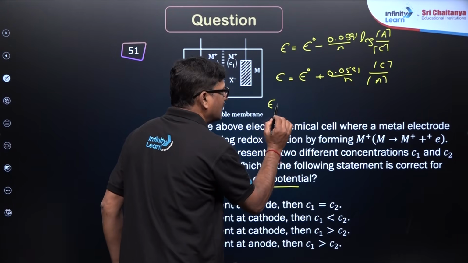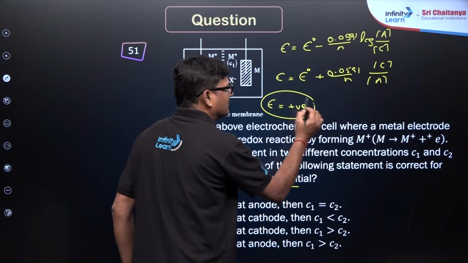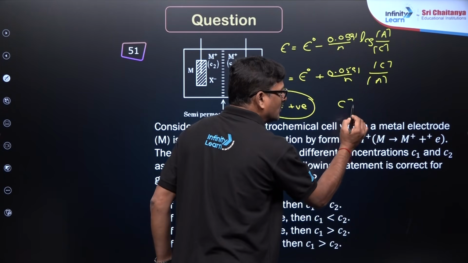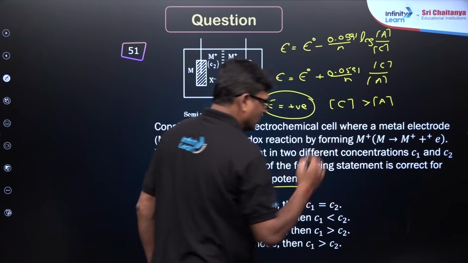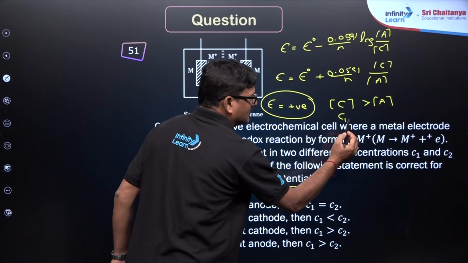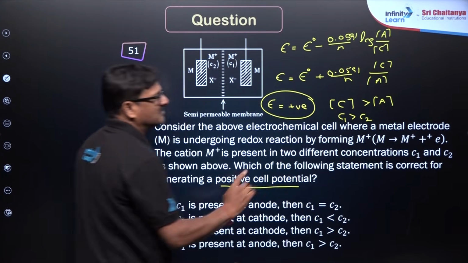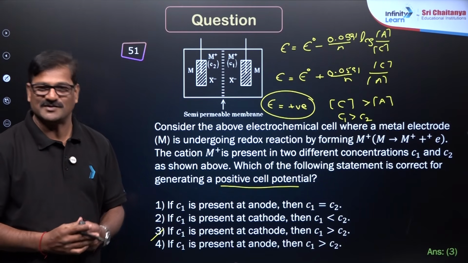If we want the cell EMF to be positive, that is possible only when the concentration of the cathode is greater than the concentration of the anode. If that is the case, C1 is greater than C2. The correct answer for this question is option 3.